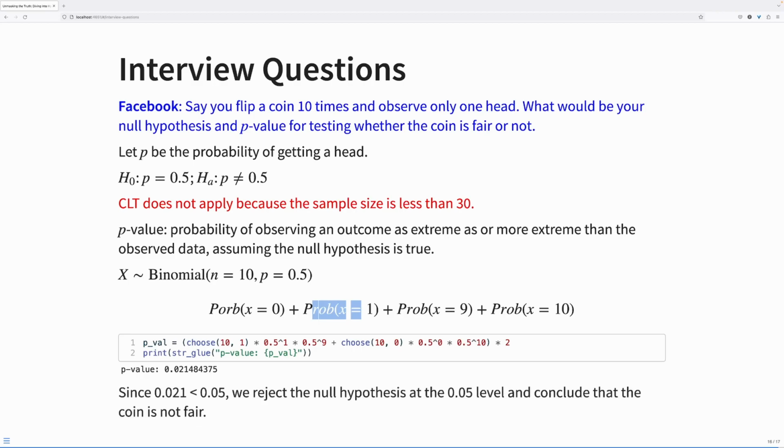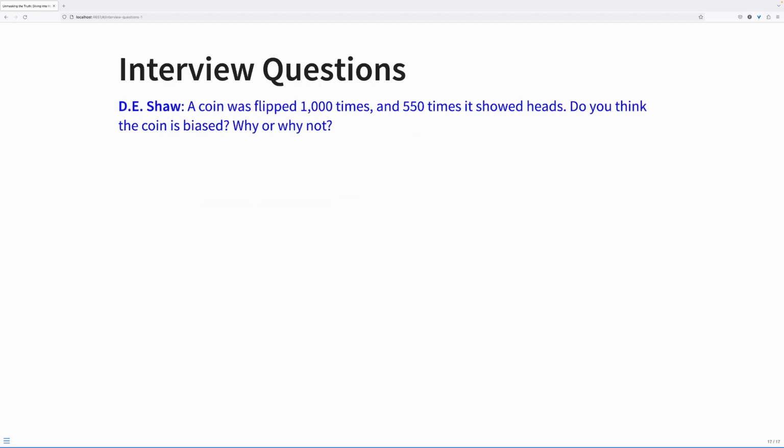Because 0.021 is less than 0.05, we reject the null hypothesis at the 0.05 level and conclude that the coin is not fair. There's another interview question from D.E. Shaw. It says a coin was flipped 1,000 times and 550 times it showed heads. Do you think the coin is biased? Why or why not? The first step is to state our null and alternative hypotheses. It's the same as in the previous question.